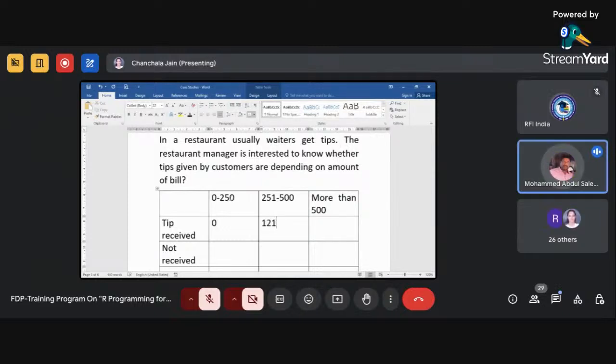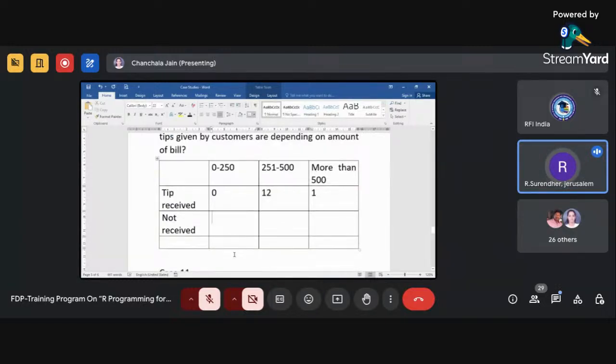So instead of 0 to 250, we may enter 1 to 250, since we have a separate row for not received. Row total will come here, column total will come here. How many of the waiters in total received the tip will come here.